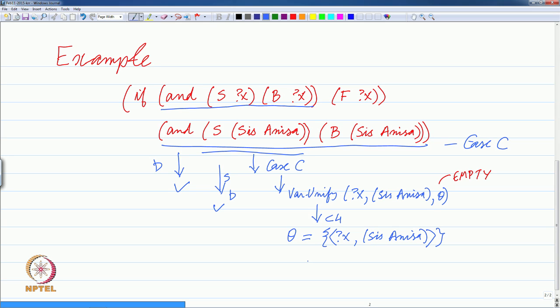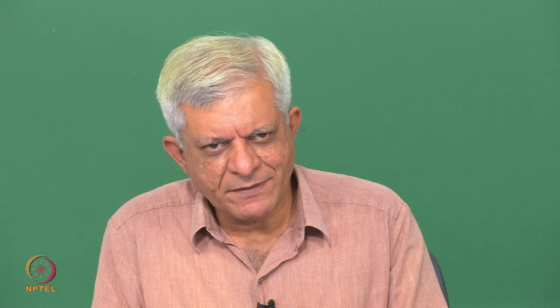Now, we deal with the third argument, which is, let me use a different color here, this with this. You can see that first both of them are lists, or neither of them is a variable. So, again case C will apply, and then correspondingly with the corresponding elements B will match with B and x.